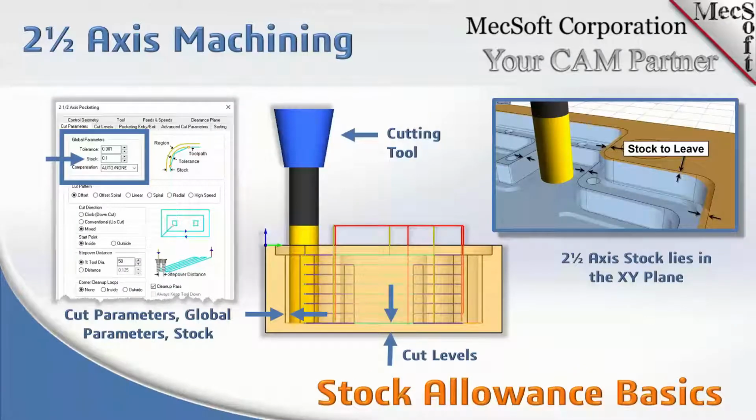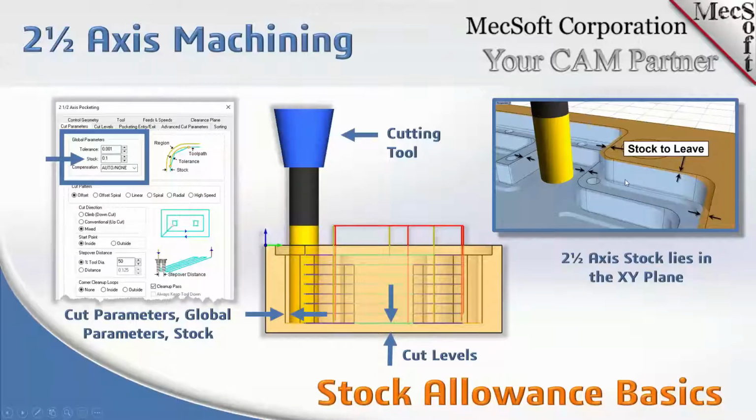Okay, let's move right along. Let's talk about cut stock allowances in 2.5 axis. In 2.5 axis, the stock is measured on the side of the tool, the side walls of the part. In this dialog on the left, we have 0.1 for stock. That 0.1 is measured on the side walls of the tool.